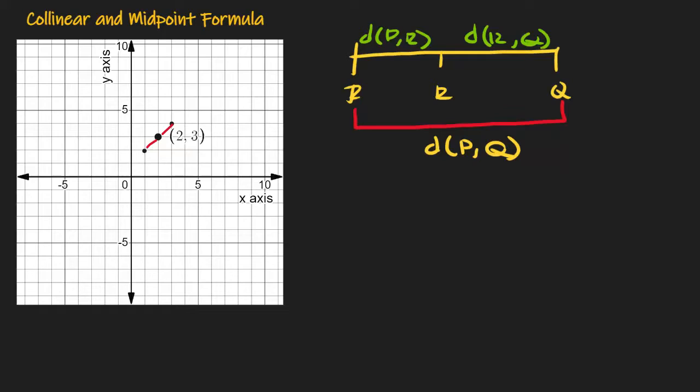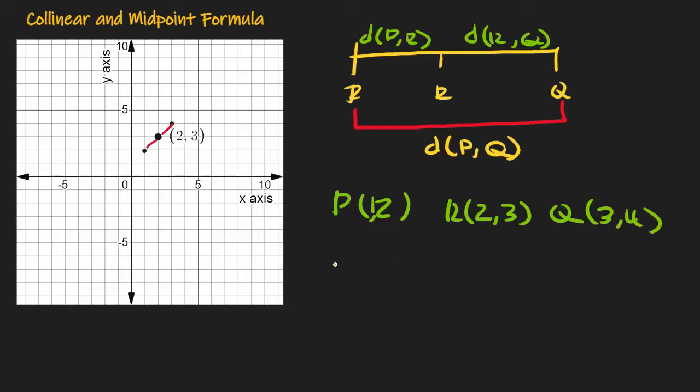So in this case, note that we have a set of points right here. We have P, which is (1, 2). Let's say R, because we're using R, is (2, 3), and then Q is (3, 4).